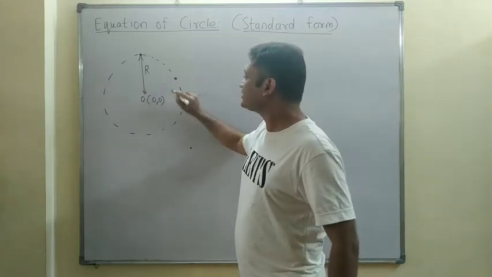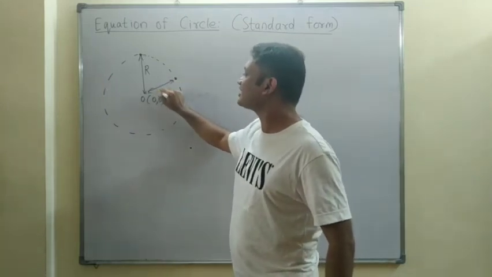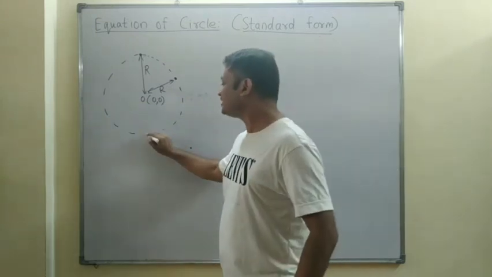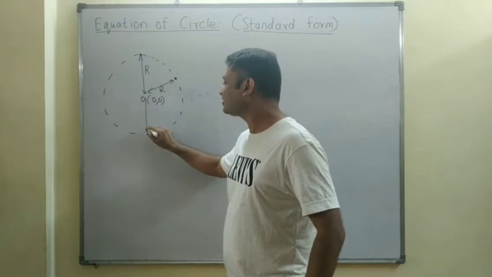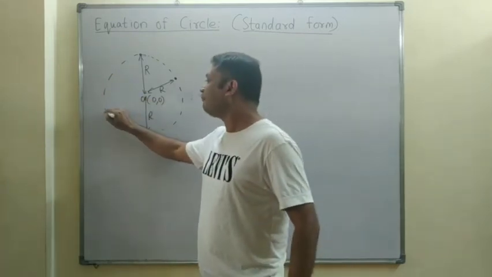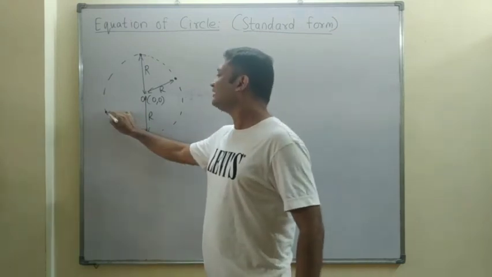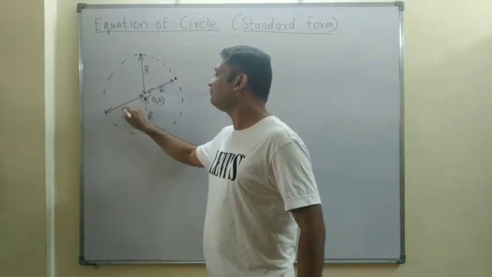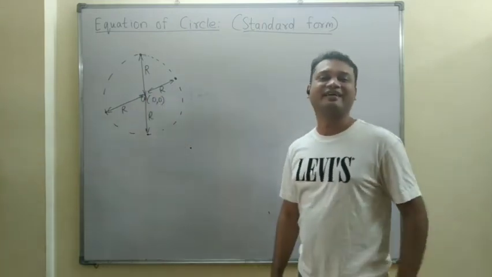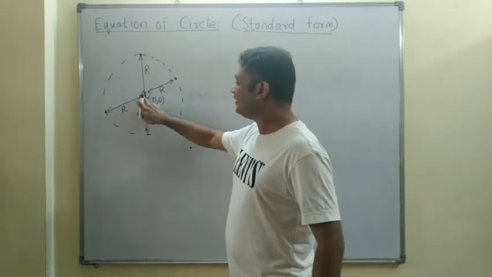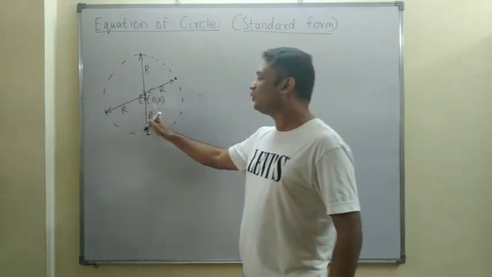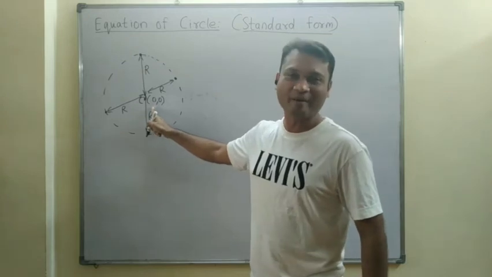Even this point is at a fixed distance R, the radius, from the center. Any point on the circle is at a fixed distance R from the fixed point, which is called the center of the circle. So this point here is the center of the circle C, which I have assumed as origin 0, 0.